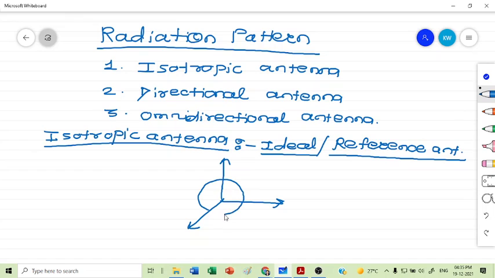So the radiation pattern of isotropic antenna will look like a sphere like this. Now this is the radius, this is x axis, this is y axis, and this is z axis. Now this is all about isotropic antenna.